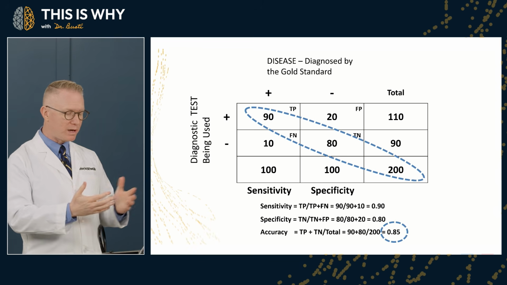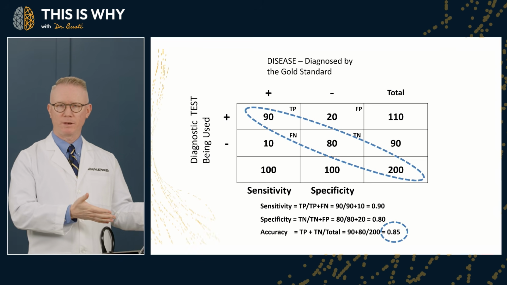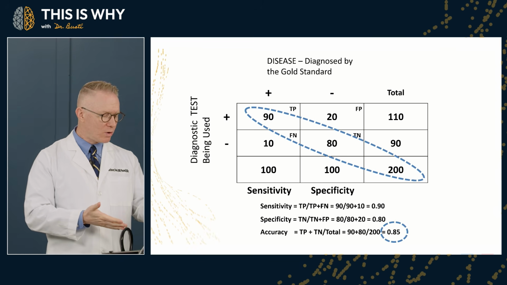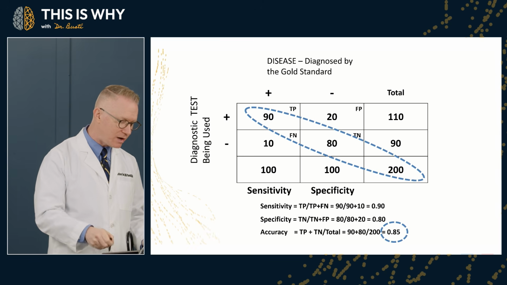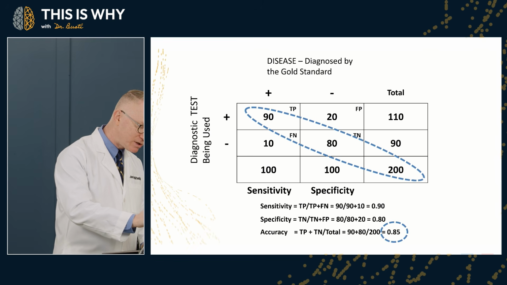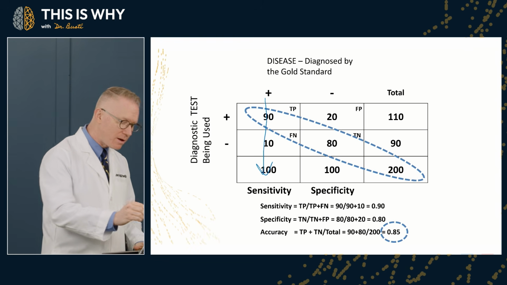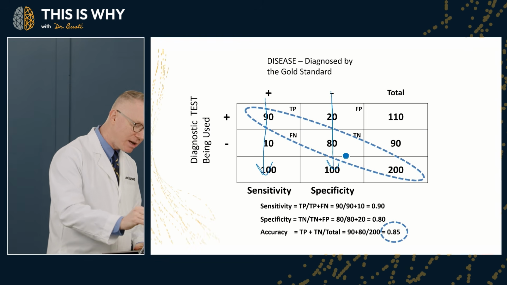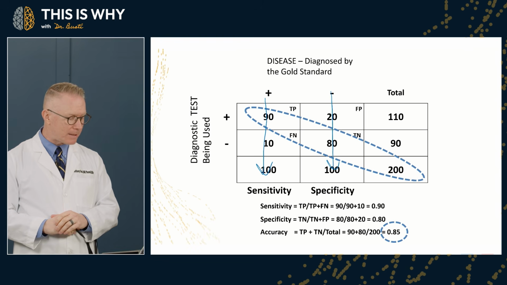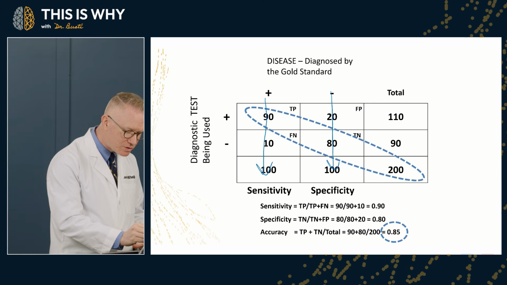So when you build one of these, and this is just an example of one, this is showing you where for the disease itself, there's the sensitivity and specificity. So sensitivity is calculated by this direction, and the specificity is down this column, and you can see those in the formulas here.